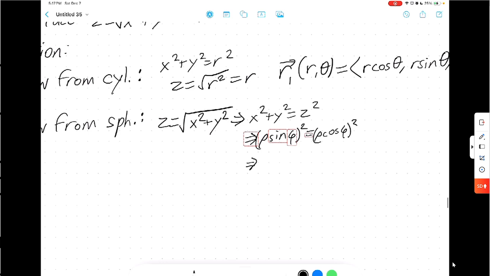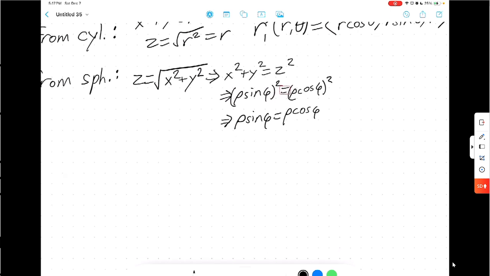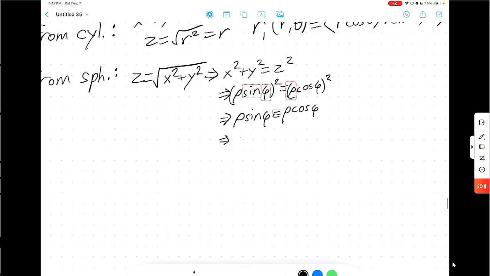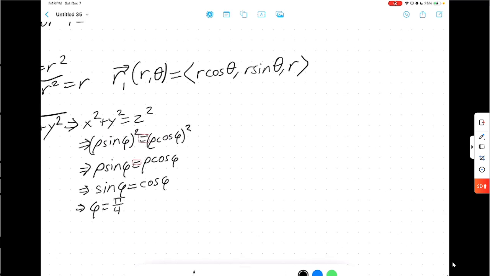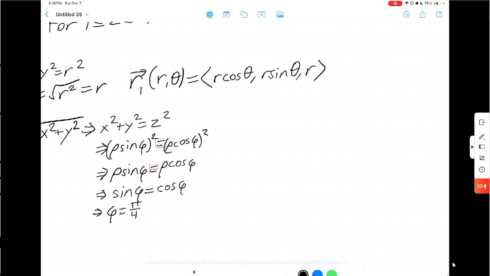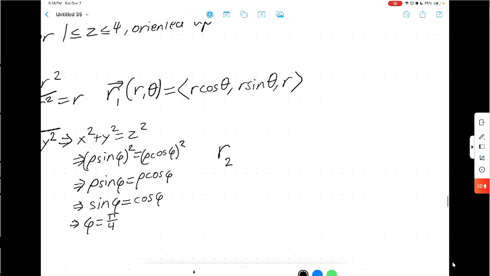This becomes rho sine phi is equal to rho cosine phi, which becomes sine phi is equal to cosine phi, which becomes phi equals pi over 4. So now I can set our second parameterization with just rho and theta.